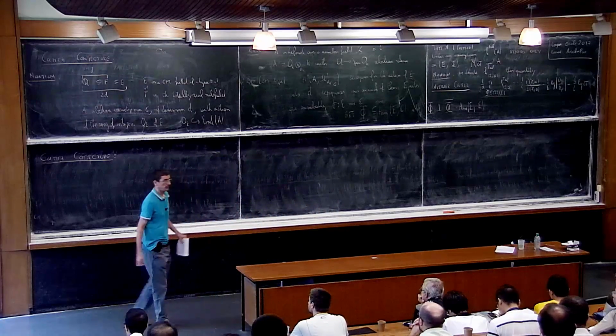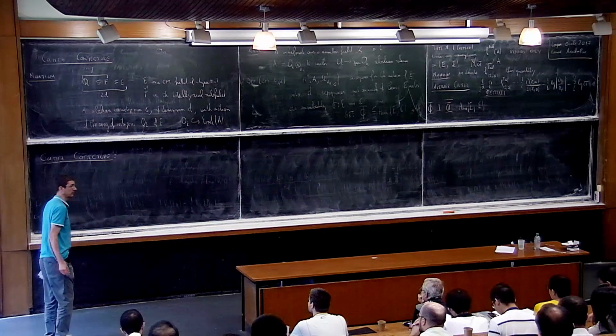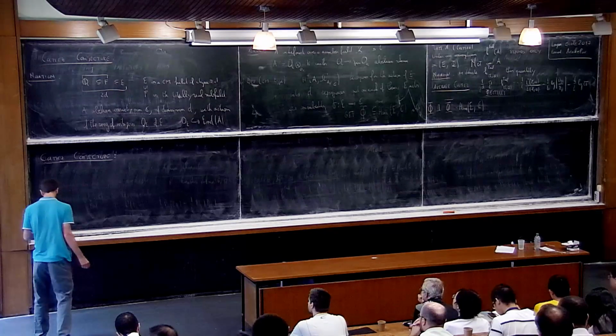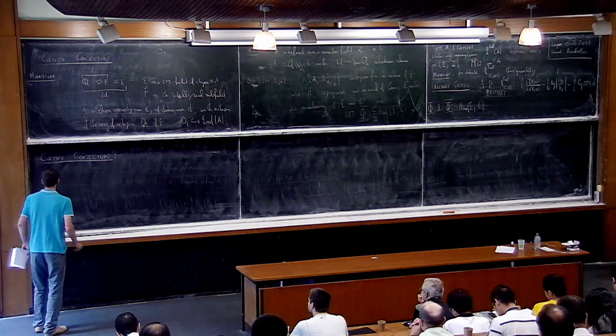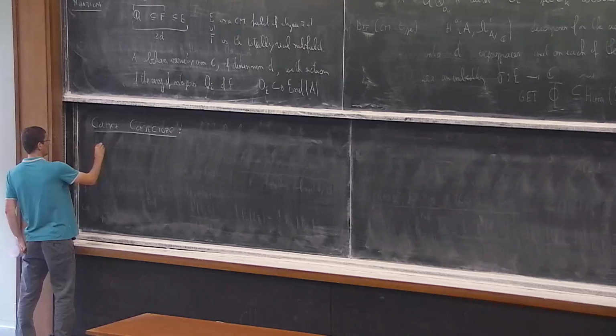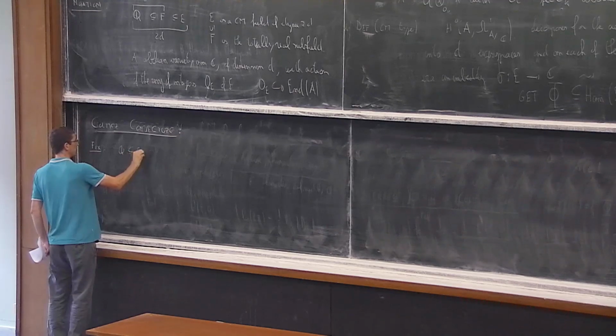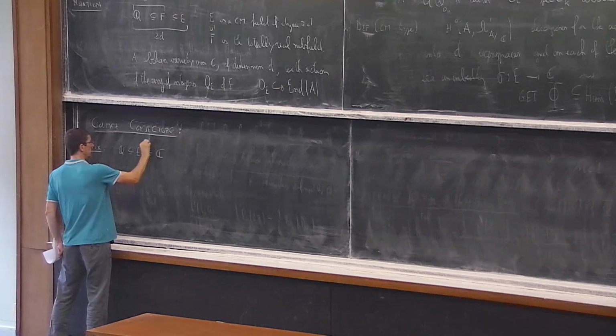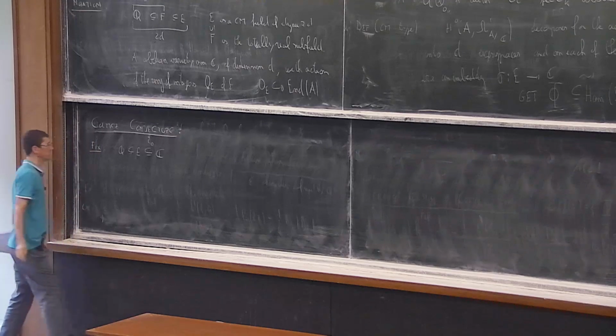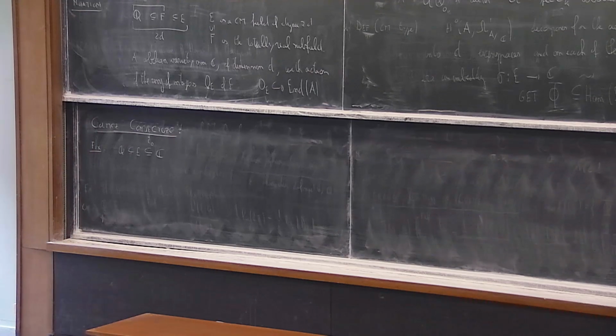Okay, so let me try to make the Colmez conjecture more precise. So we fix once and for all embeddings Q inside E inside C. And the embedding of E into C, we call it iota 0. It will be important.